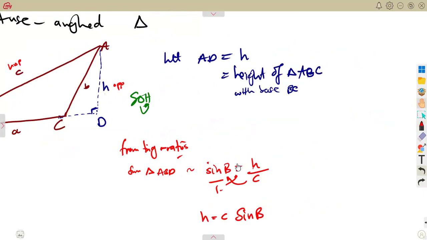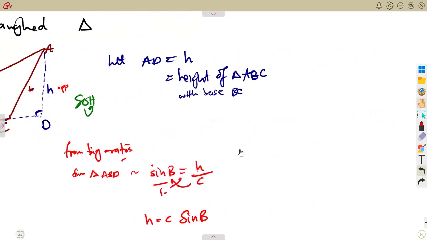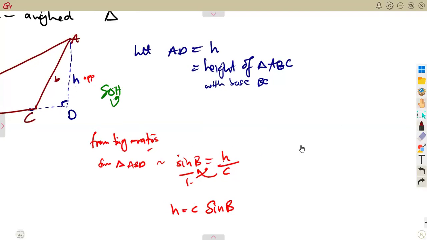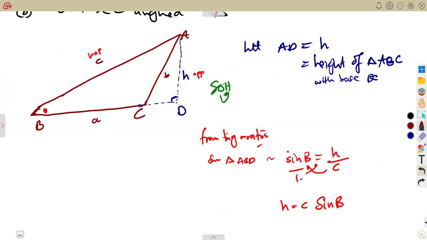Now let us consider that we are taking this also, the right angle triangle, this one, ACD. That's also a right angle triangle there. But this is what I want you to see. Remember, we are saying this is the angle C of the normal triangle that we are given.